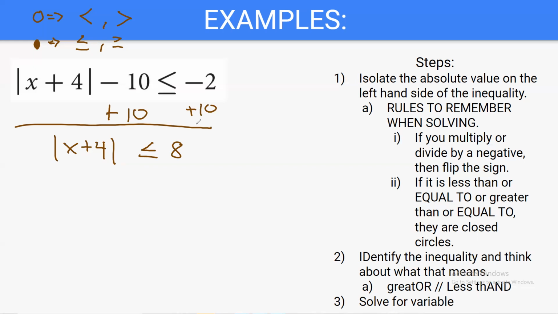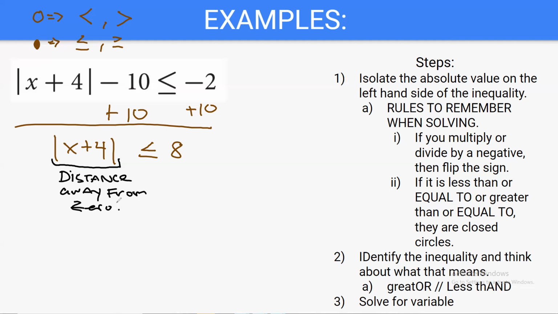Step number 2 is to identify the inequality and think about what it means. So remember, if this is isolated, what we love to do is, instead of saying absolute value of x plus 4 is less than or equal to 8, I'm going to think distance away from 0. Okay?